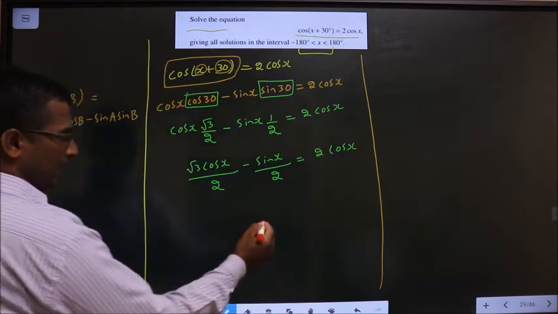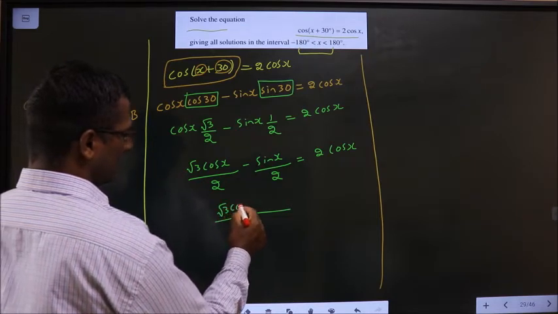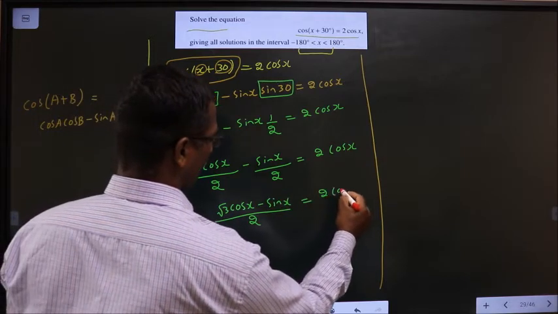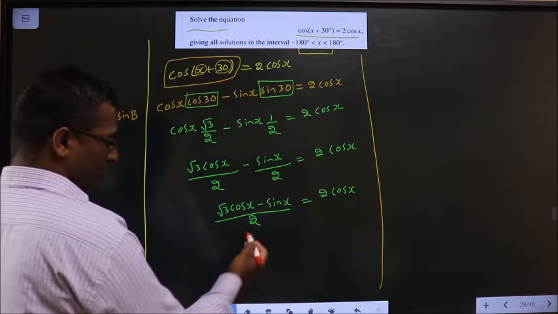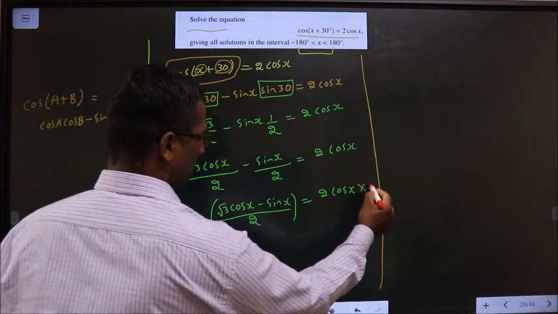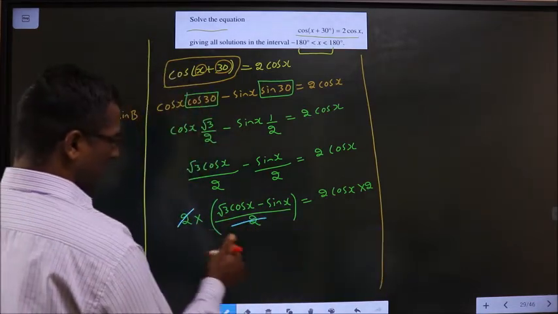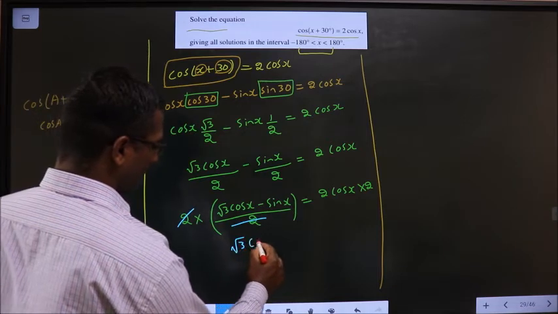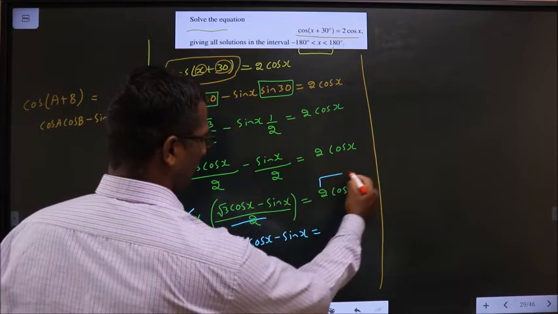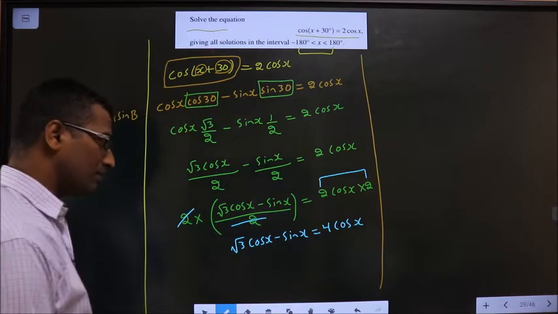Clear? Here the denominators are same, so the LCM is 2. No change in the numerator since the denominators were same. Clear? Now, to remove this 2, multiply with 2 on both sides. Now this 2 cancels out, you are left with root 3 cos x minus sin x equal to 2 into 2, 4 cos x. Clear?